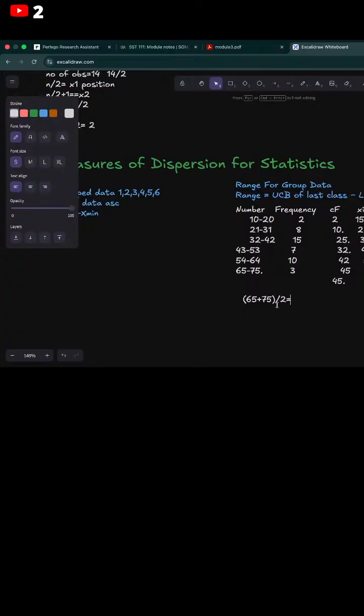This will give us the upper class boundary. I'm not conversant with the math, can't do this offhand. So we do 65 plus 75, then divide by 2, got 70.